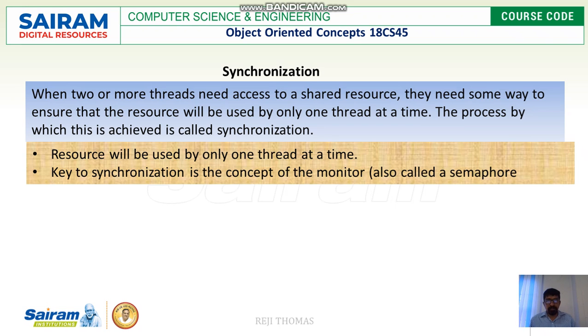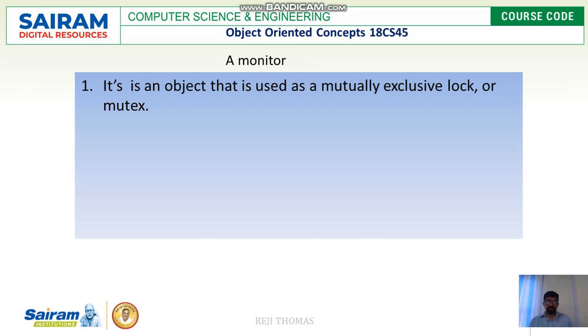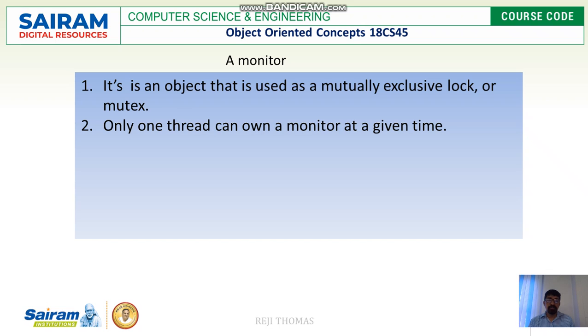Let me repeat, resources will be used by only one thread at a time. So how can we achieve this? To achieve this, we use a key concept called monitor, also known as semaphores. A monitor is like a mutually exclusive lock, or mutex. Only one thread can own a monitor at a given time.